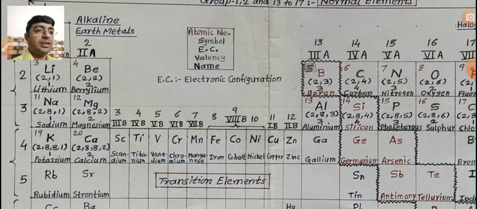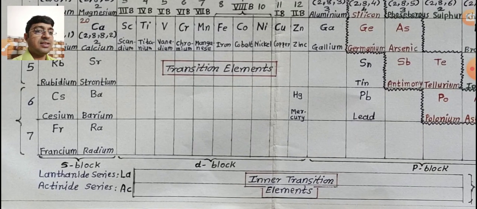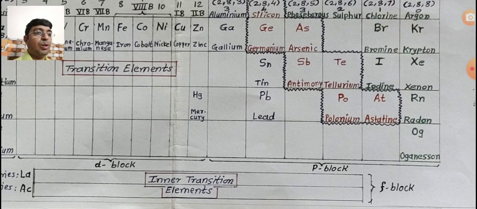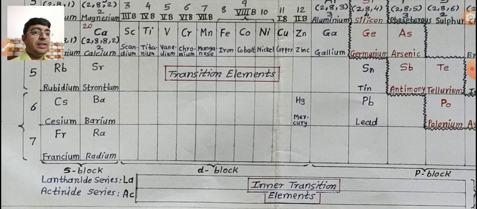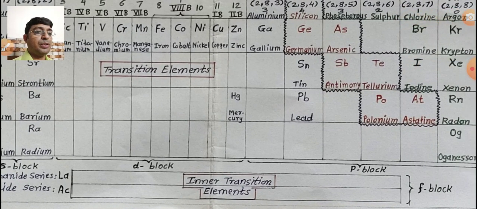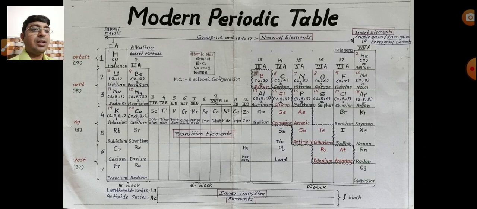The third type is transition elements, and last, lanthanide and actinide series, inner transition elements. So these are the four types of elements. Four blocks are also shown in the picture. S block, on the right-hand side P block, in between S and P the D block, and at the bottom of the periodic table the F block is present. In this F block, the lanthanide and actinide series is observed.